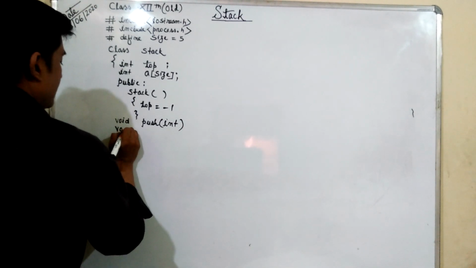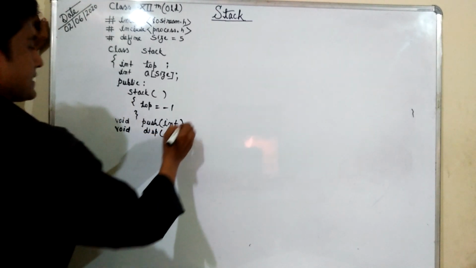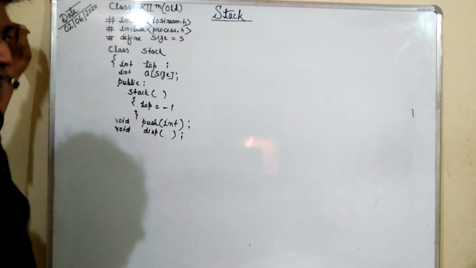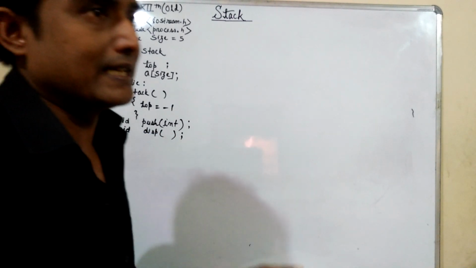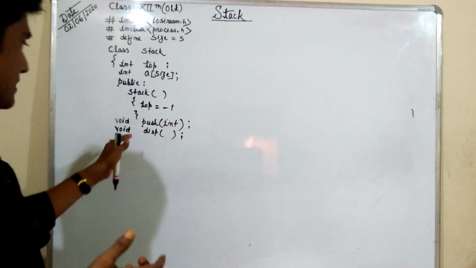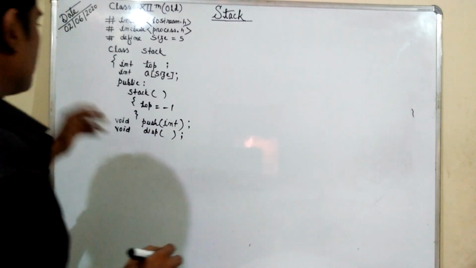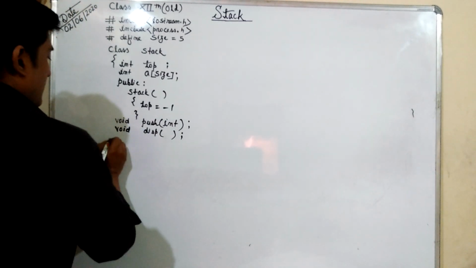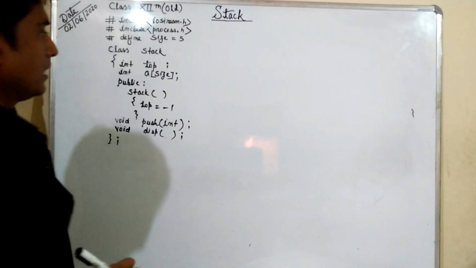Another function is display. The push function is used for inserting an element into the stack, and display means whatever elements we have already inserted should be displayed. That's why I have taken another function called display. Now the two functions are declared. Now I have to close my class.